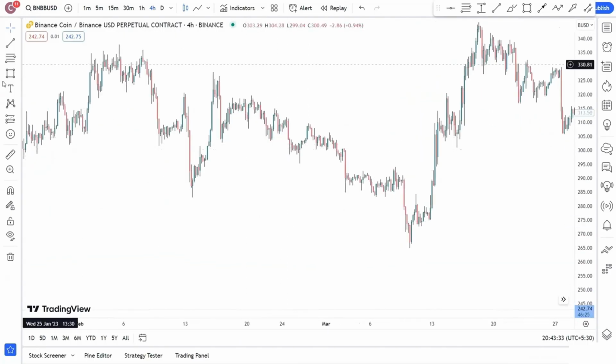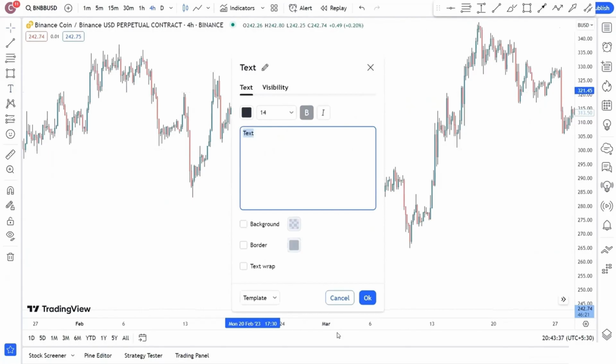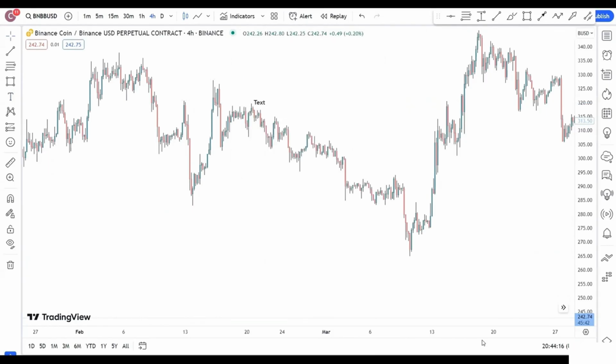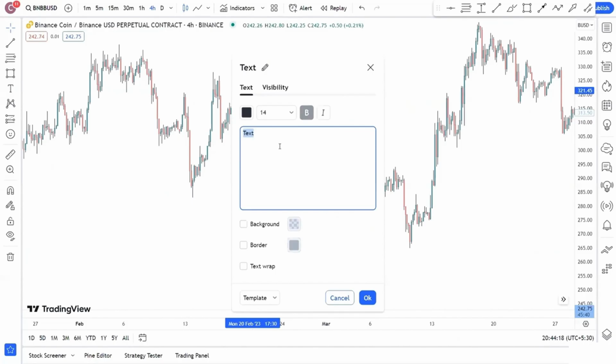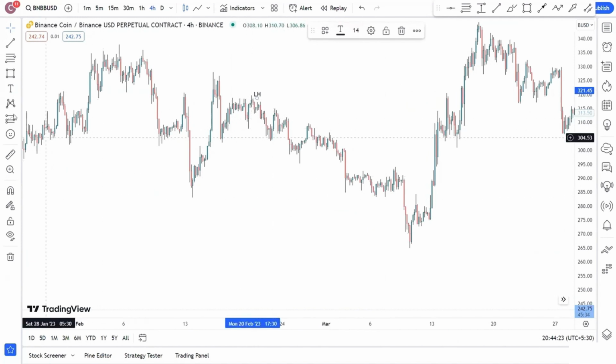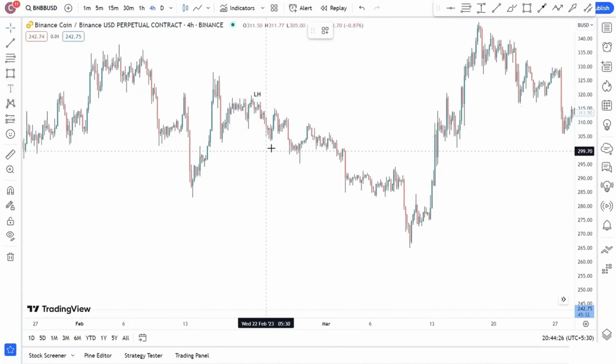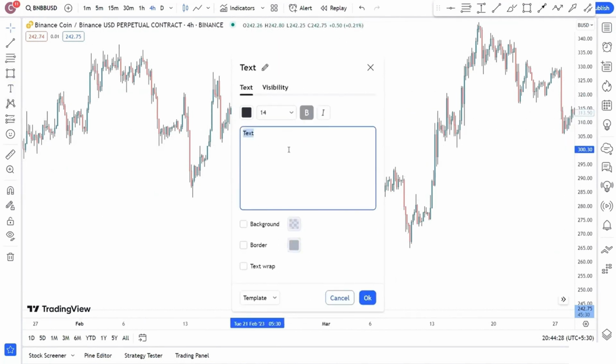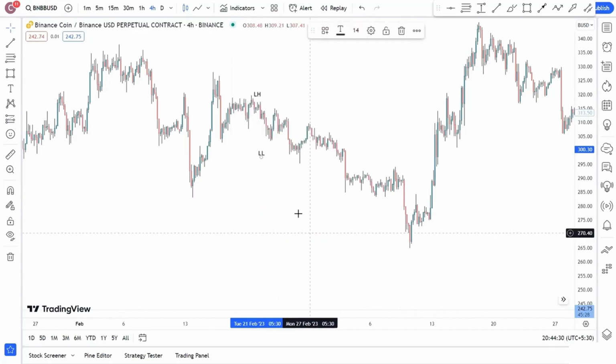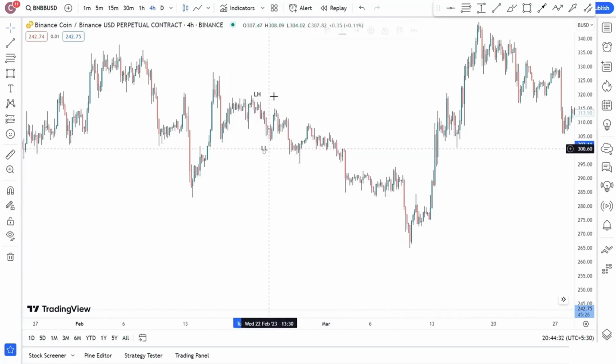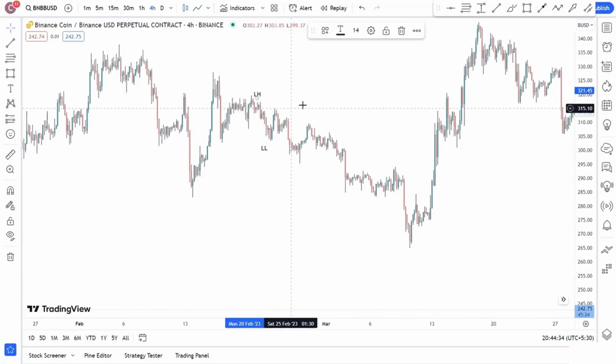Here, if we see lower high, lower low, Control C, copy, Control V, paste.